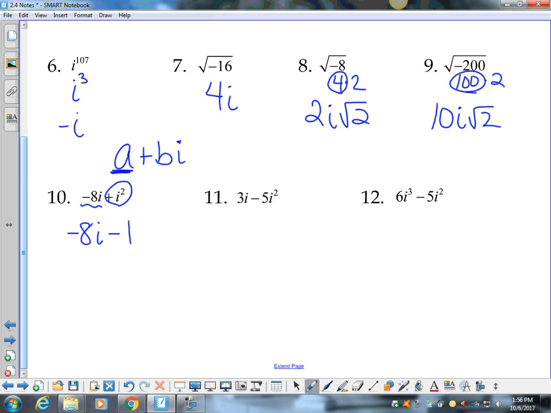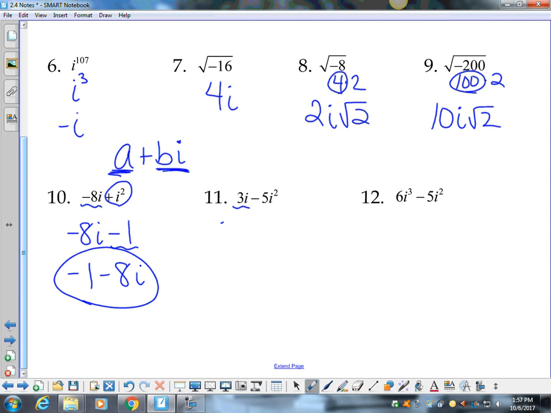Now notice, your real part's in the front, your imaginary part's in the back. I cannot add a real number to an imaginary number. Not possible. But what I can do is put my negative 1 in the front and then minus 8i in the back. Yes, that is a step that you have to do. You don't have to like it, but you do have to do it.